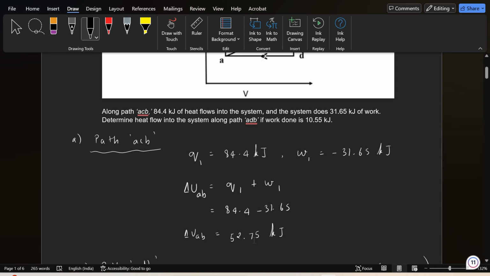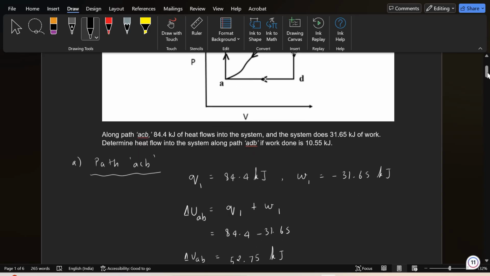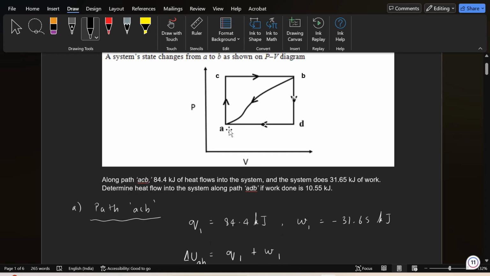Delta U AB is 52.75. Okay, so let's say this point is 0, then what is the internal energy at point B? This is 0 and delta U AB is 52.75. So the value at B is 52.75, because it's 0 and delta U is the entire internal energy change that's going to happen here.